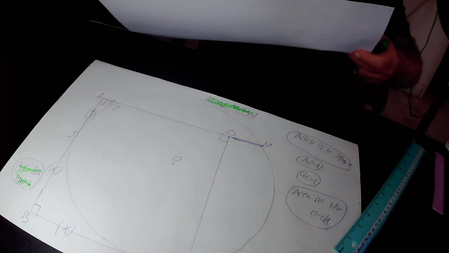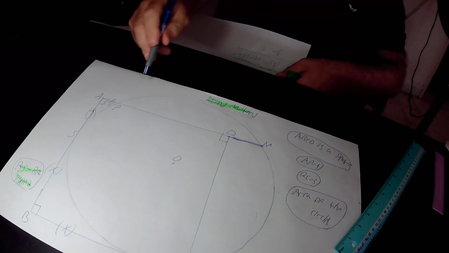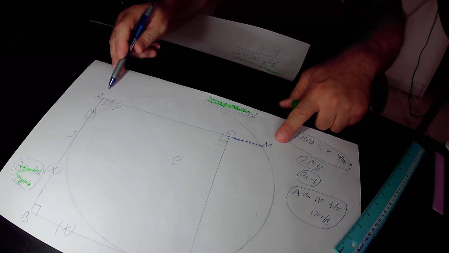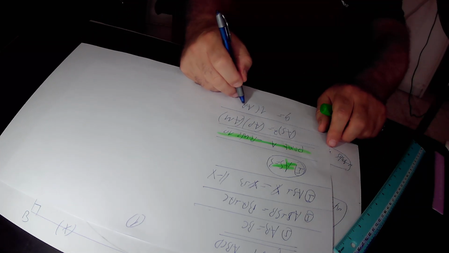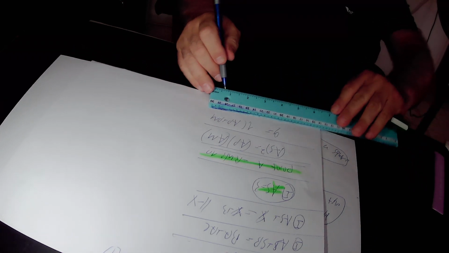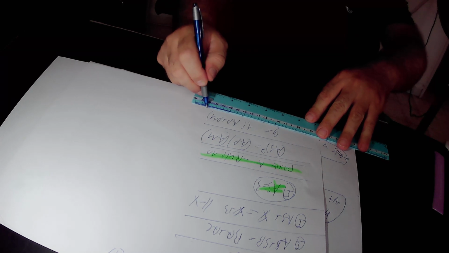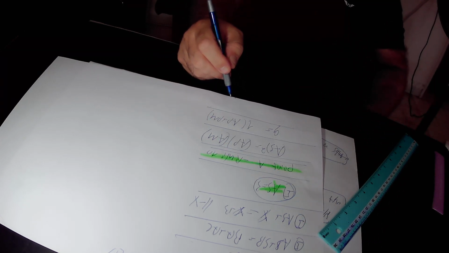AP is 1 times AM. AM in total equals AP plus PM. So according to rule 10, 9 equals 1 times AP plus PM.